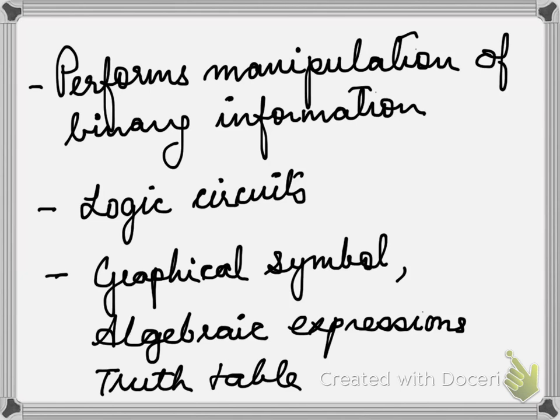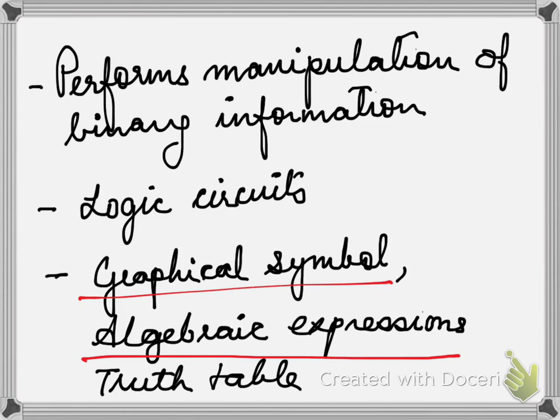There are three things using which we can represent these logic gates. First is a graphical symbol, a notation we will use to represent the different logic gates. Then each logic gate is represented by an algebraic expression, which explains what operation we are performing.